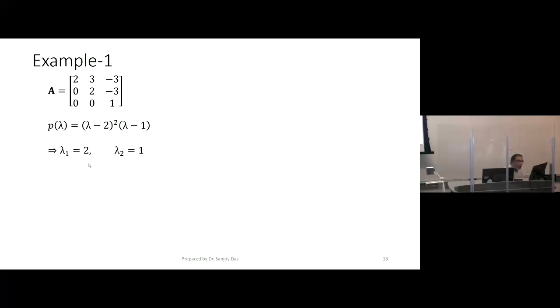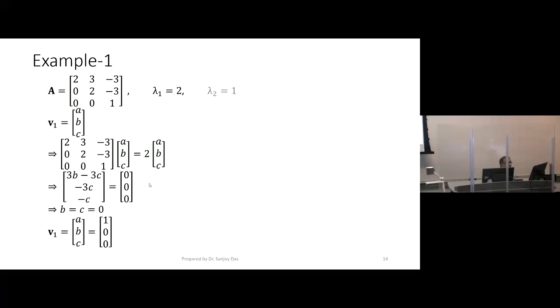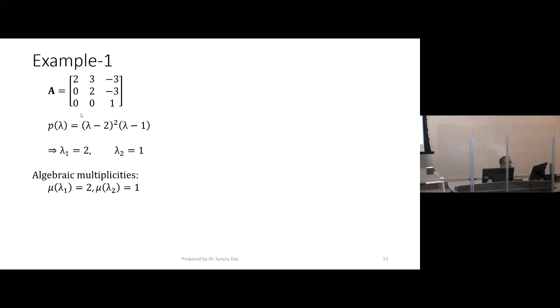So lambda 1 equals 2 and lambda 2 equals 1. Let's look at the algebraic multiplicities. Mu of lambda 1 equals 2. Mu of lambda 2 equals 1. These are the algebraic multiplicities.